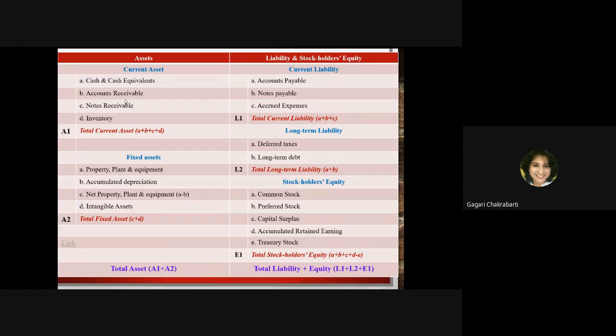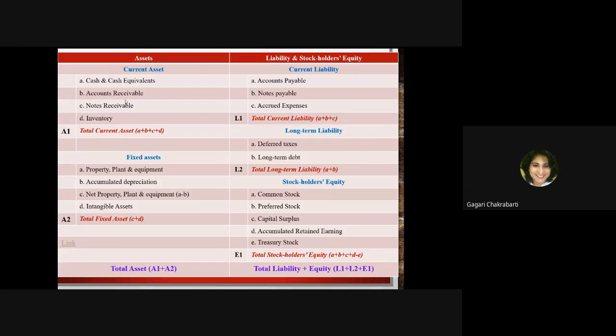Now, notes receivable. Accounts receivable is not associated with any interest payment. Suppose you have sold some goods or services to another party, B, then after a certain period of time, B will pay you back, but this time difference is not associated with any interest payment.